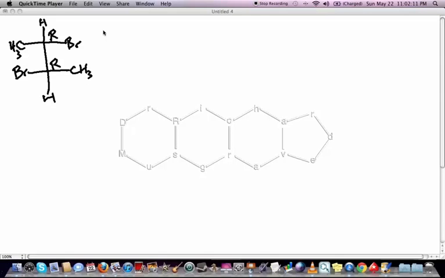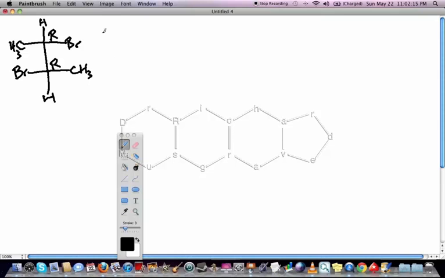In this next part, we're going to find the enantiomer of this compound. So there's our compound. We've got R and R here. And to get an enantiomer, the easiest way to do it is just to get a mirror image. So that's a mirror. And the mirror image is going to look like this.